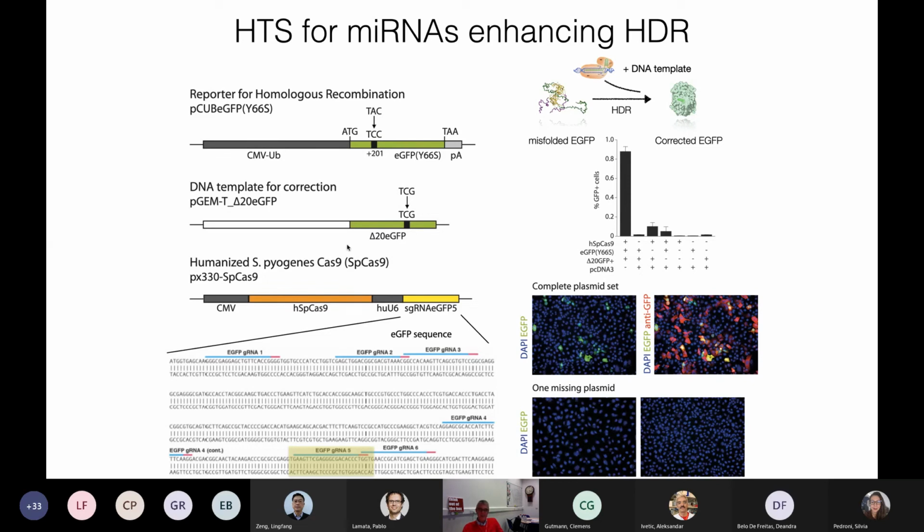So here he constructed an assay in which he delivers to the cell a green fluorescent protein that is mutated, so it is dark, inactivated. He also provides a template which can correct this mutation through homologous recombination, rendering the green fluorescent protein green fluorescent again, and then Cas9 and the guide cleaving in proximity of the mutation.